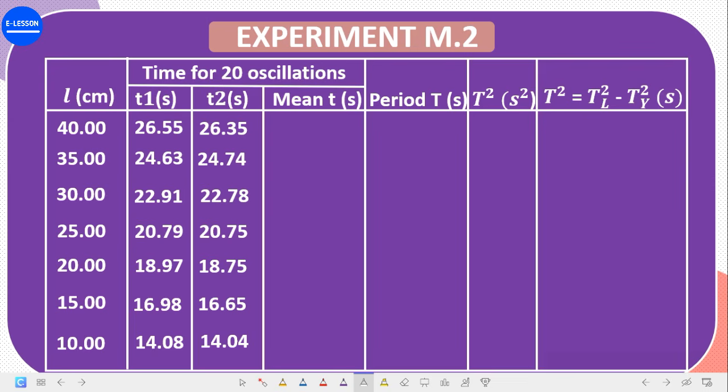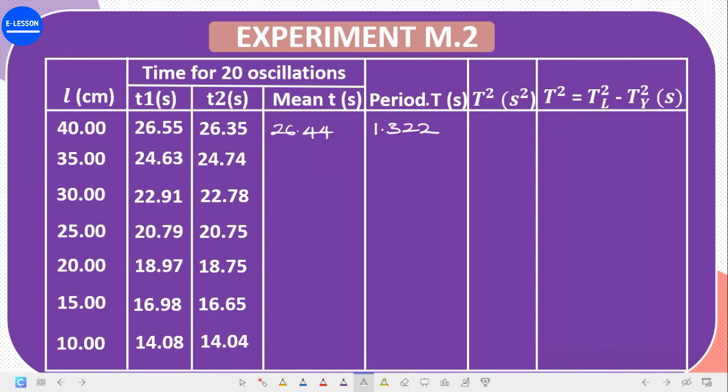That will give us 26.44, which is the mean. Now to get the period, divide this 26.44 by 20, the number of oscillations. This gave us 1.322. Now this 1.322 is your period.